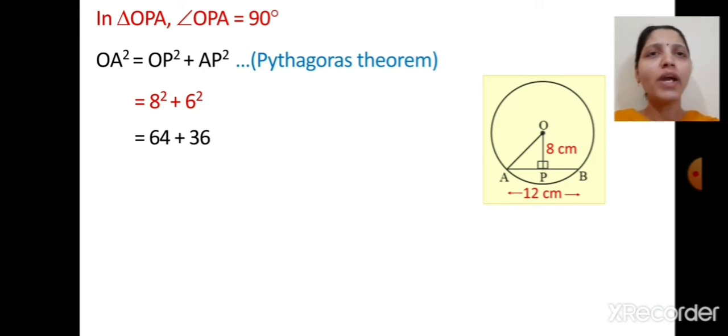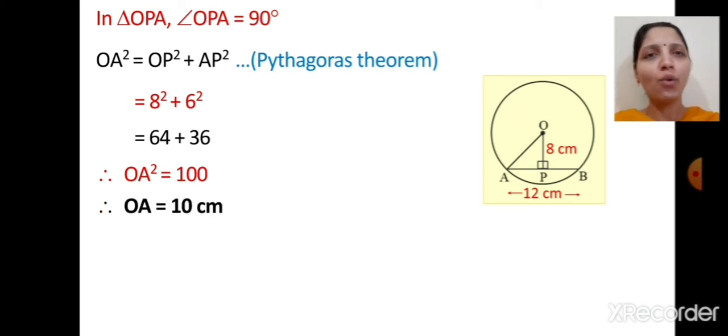That is equal to 64 plus 36. So 64 plus 36 is 100. So OA square is equal to 100. So finding the square root on both sides we will get OA is equal to 10 centimeter.